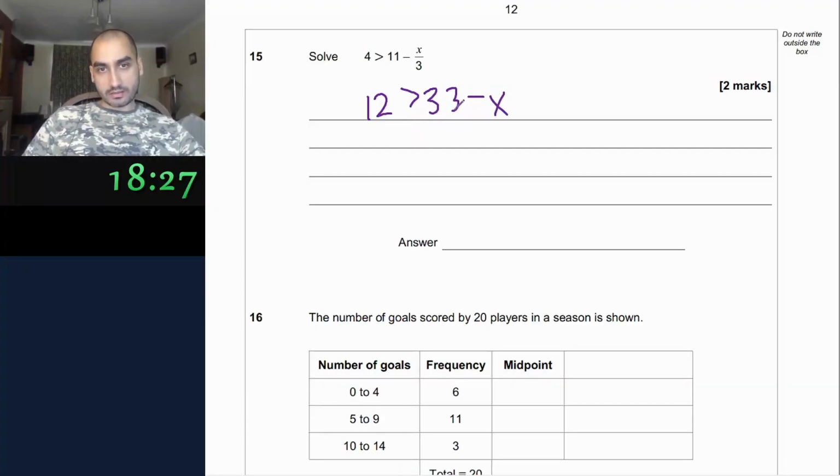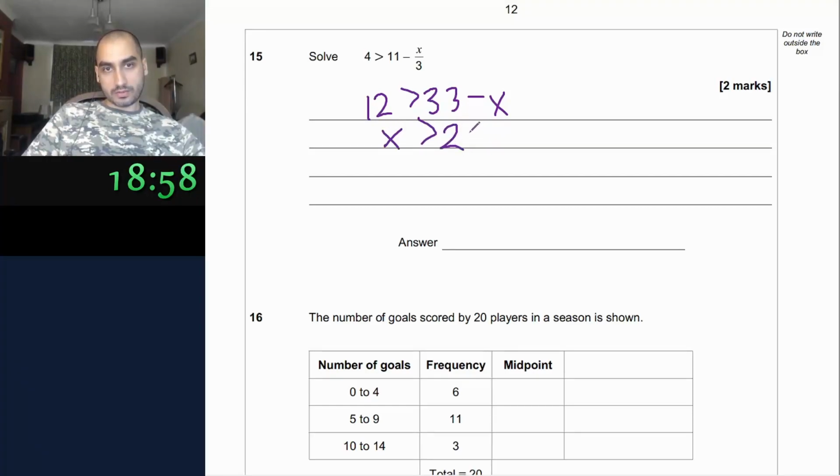We can subtract, so we are allowed to move the x over, as long as we don't flip the inequality. So x is greater than 21.